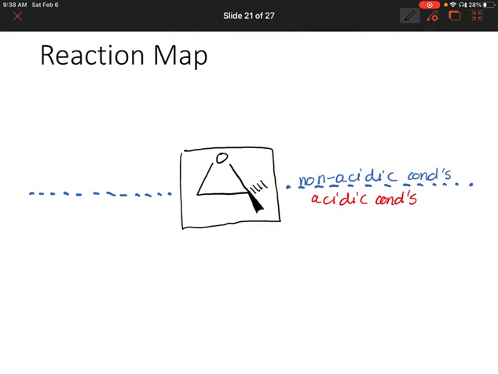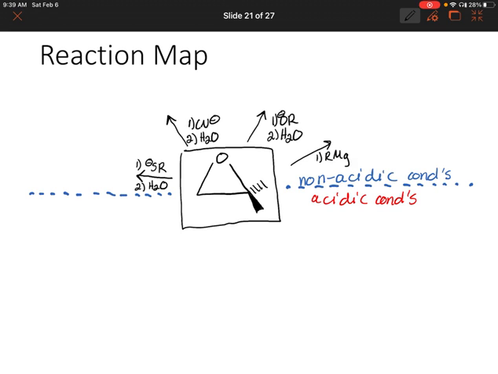Okay, and then I'm just going to draw some reagents here. So we've got SR minus, we've got CN minus, let's put in an alkoxide, and we'll also put in a Grignard reagent.